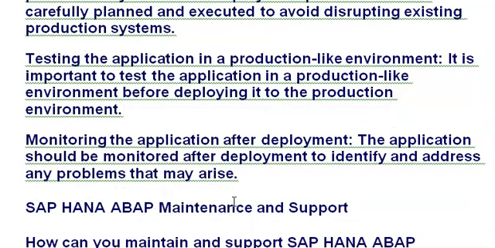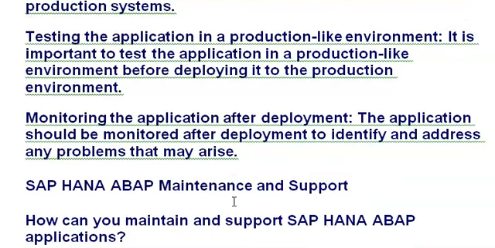Testing the application in a production like environment: it is important to test the applications in a production like environment before deploying it into the production system. So normally we use the test server or test system, or we can also consider a pre-production system if the client wants to test it. Monitoring the applications after deployment is something which we can do.